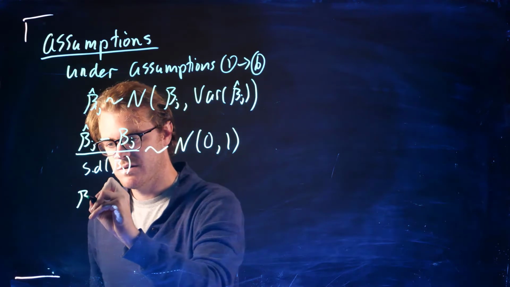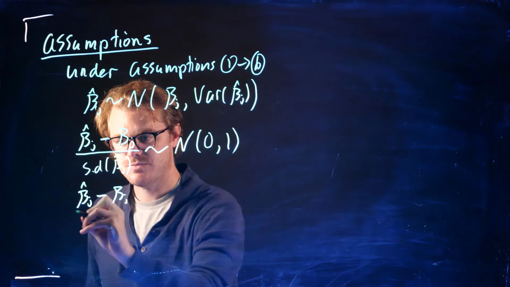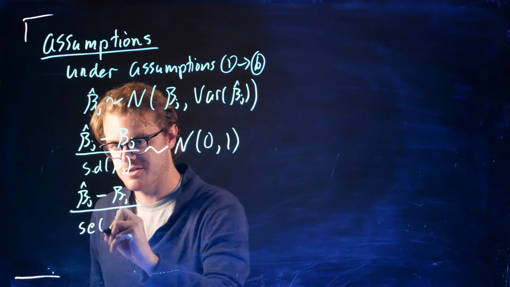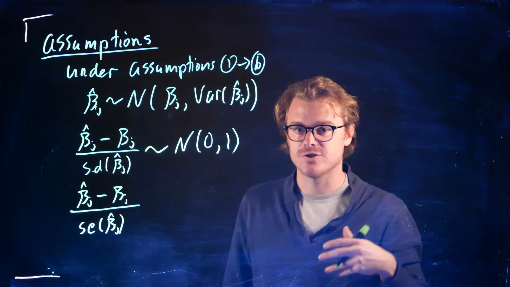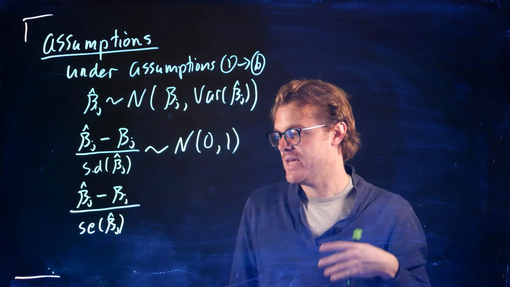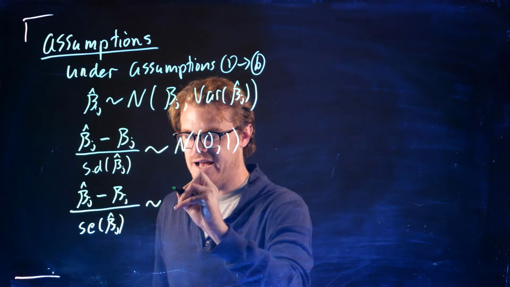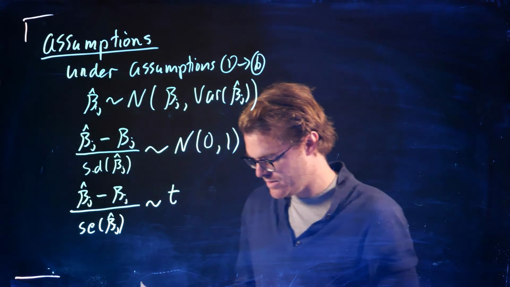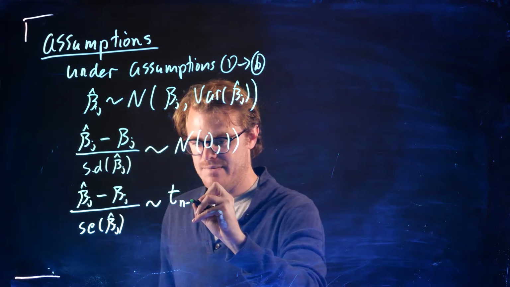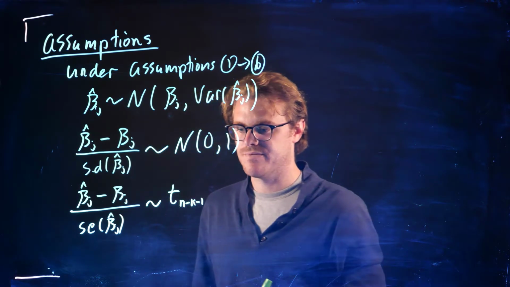So let's just write it out here. If we actually used the standard error, since we don't really know the standard deviation, so use the standard error as our estimate of the standard deviation, this is going to have a t-distribution with n minus k minus 1 degrees of freedom.